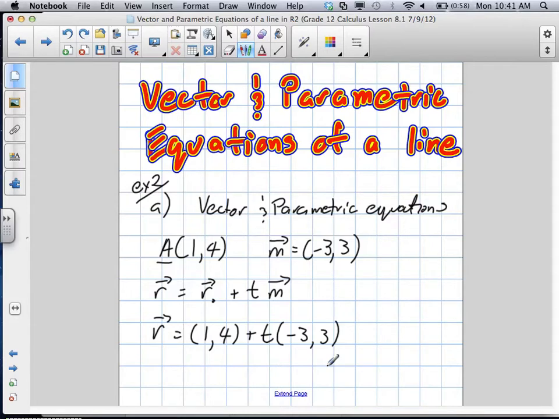So that is our vector equation. We have it in component form: our point components are [1, 4], plus some scalar t times a directional vector of [-3, 3]. We just simply plugged our values in, our r0 or our point along it, and our directional vector.